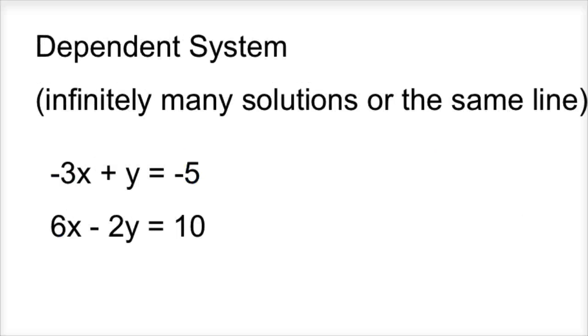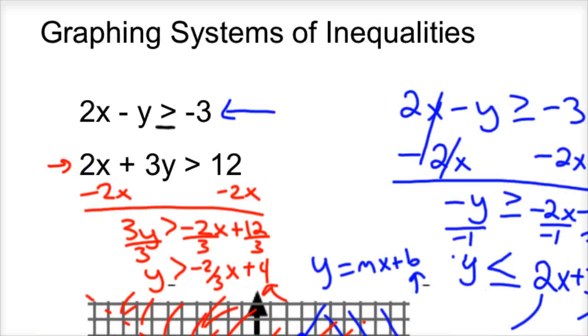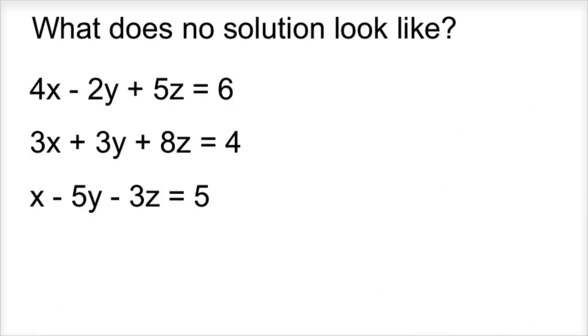So let's see if we can find some similar situation in the 3 by 3. Let's just eliminate our x's. We'll look at the top two, and we'll eliminate the x's. So we'll take the top by -3 and the bottom by +4 in order to make a -12 and a +12.